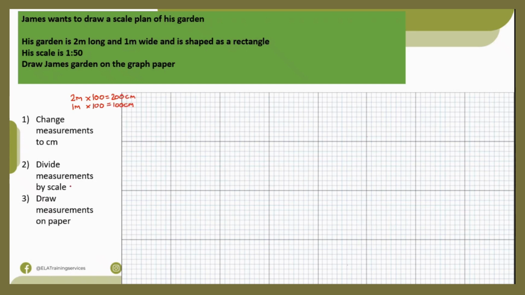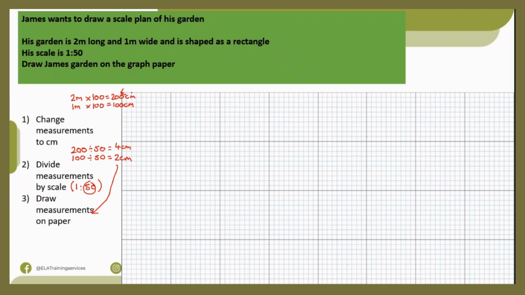Our second step is then to divide the measurements by the scale. So our scale is 1 to 50, and we're going to divide by this number. So we're going to do 200 divided by 50, and 100 divided by 50 gives us 4 and 2 centimetres. And that is what our measurements are going to be on paper.